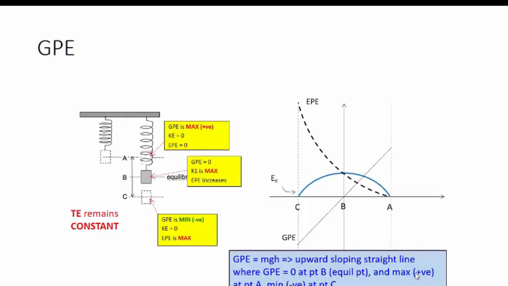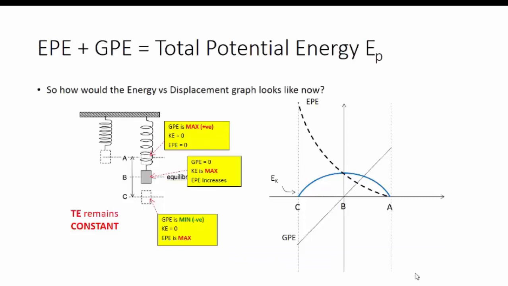The highest point A has a maximum gravitational potential energy. So if you let the gravitational potential energy be zero at the equilibrium point, point C will have a negative gravitational potential energy. Okay, so this is how the gravitational potential energy changes with displacement from point B. If we add the two potential energies together, the gravitational potential energy and the elastic potential energy, they will give you the total potential energy, right?